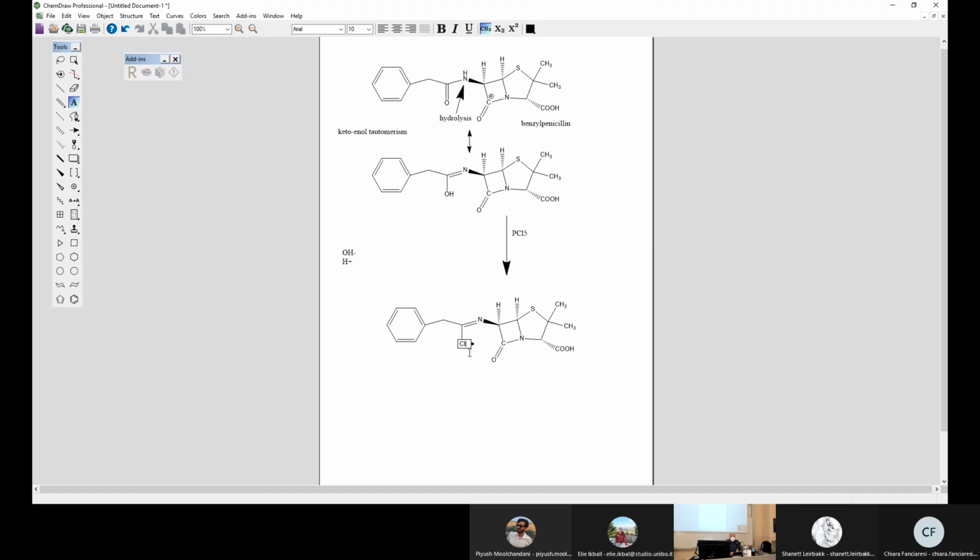Could you repeat it? What's the way to treat it? Yeah, PCl5, you see, is phosphorus pentachloride. Or you can use thionyl chloride.